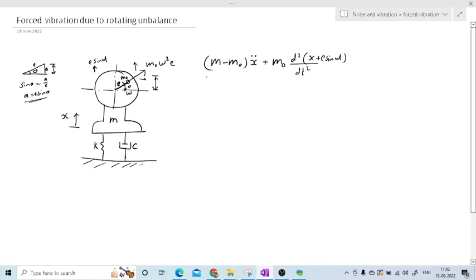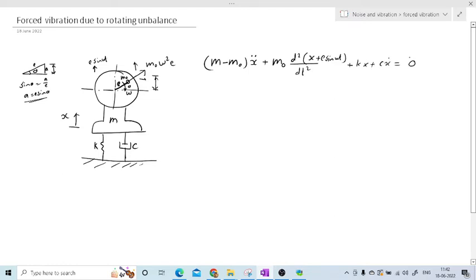So I have taken the displacement of this mass by subtracting the m0, and then I have taken only for m0. So it is m x double dot, and here x is x plus e sin omega t. So the total term is m x double dot for both the masses plus kx plus cx dot equal to 0.